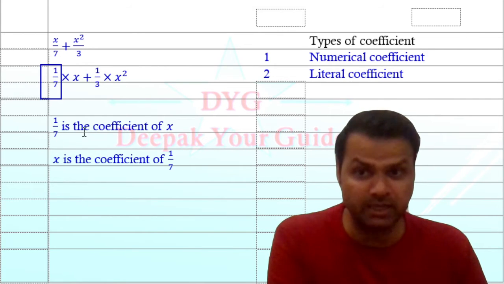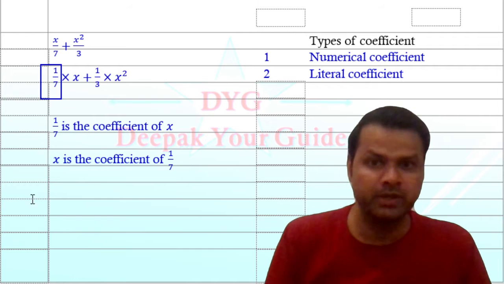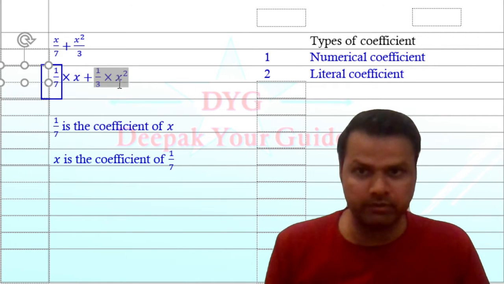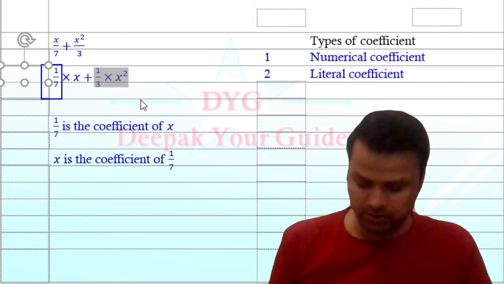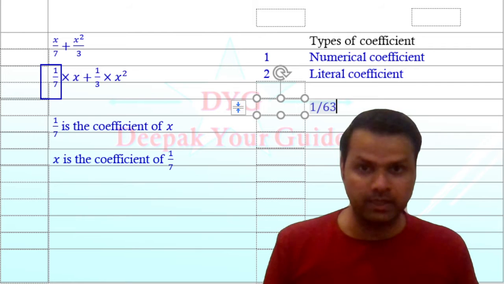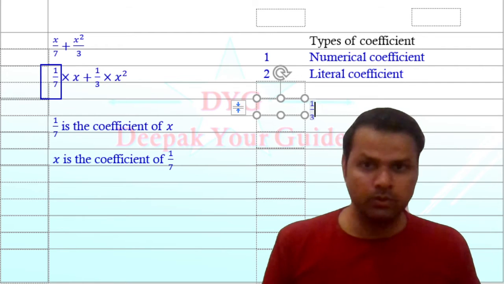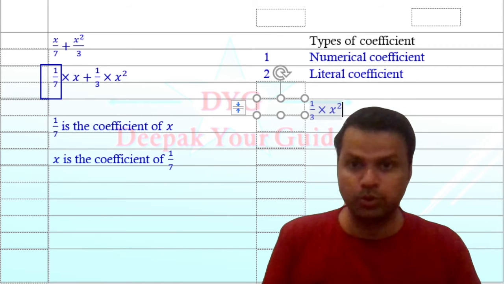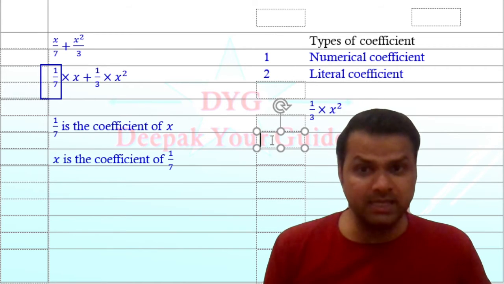That means, see, what I can write here in the same example. We have not defined this one, so let me write this. We have here 1 by 3 multiplied by x square. So how can I say here?